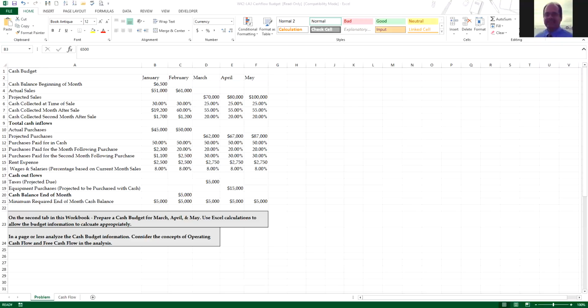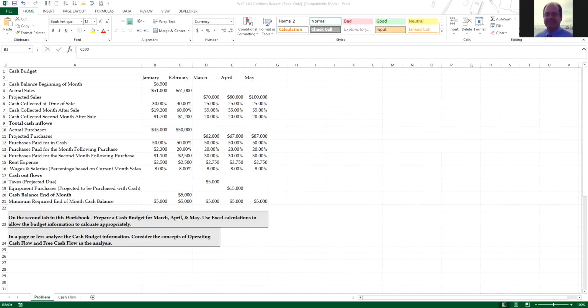Now here we have a cash budget, and as I mentioned, the numbers are different, but I wanted to show you how to perform these calculations and how to put together a cash budget so you'll understand the process and the procedures in performing these calculations.